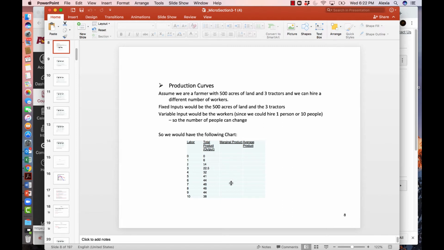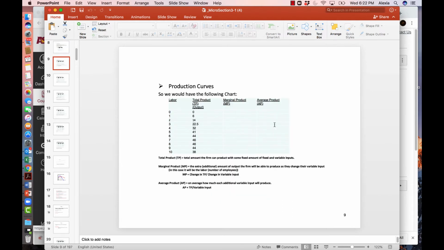What we're going to do is look at these different ideas of what we call marginal and average products. You need to know what each one of these is. Total product, this column that we were just talking about, is the total amount that a firm is able to produce with some combination of inputs. Then we have this marginal, and then we have this average.